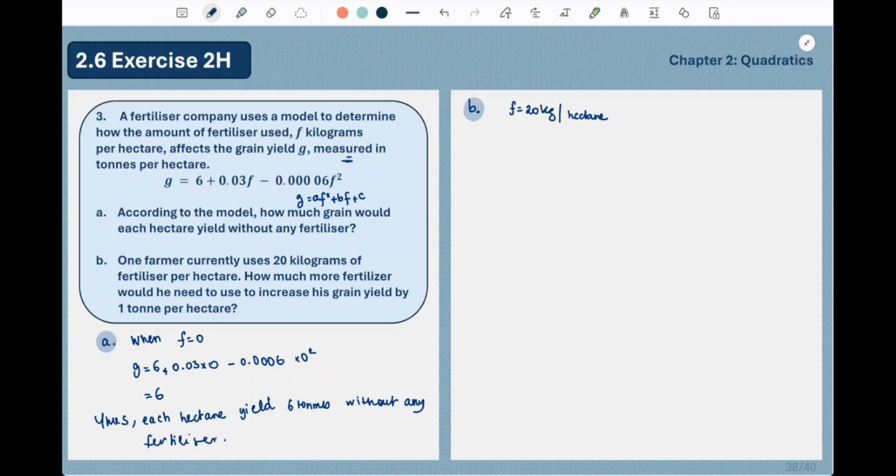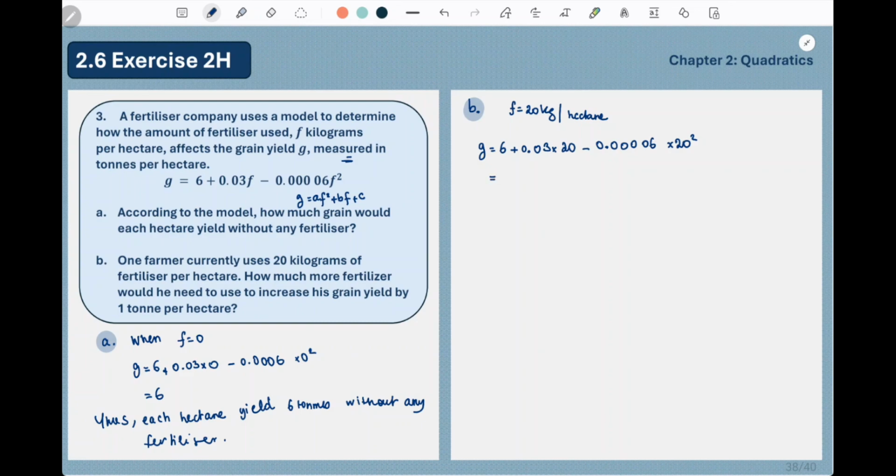So let's first find out. We don't know the current grain yield, but we know the fertilizer amount used, and given this quadratic equation, we can figure it out. So G is 6 plus 0.03 times 20 minus 0.00006 times 20 squared.